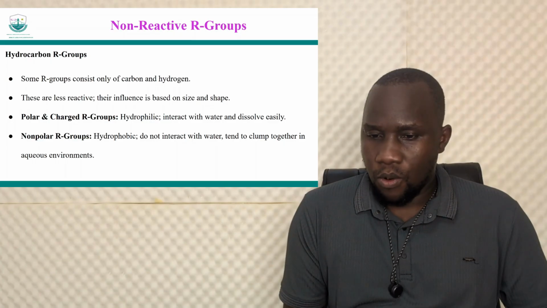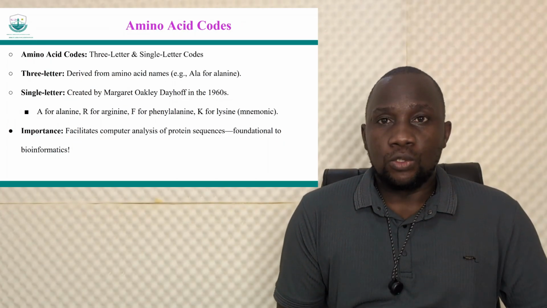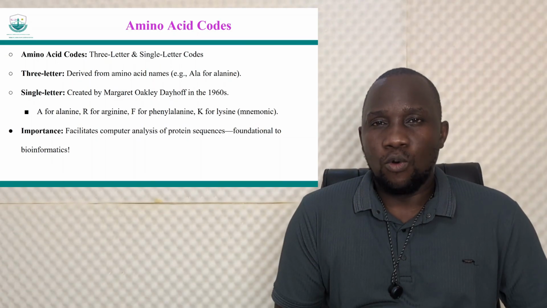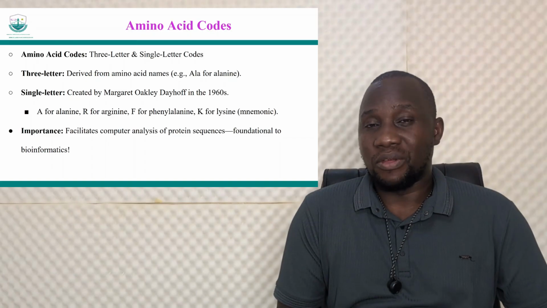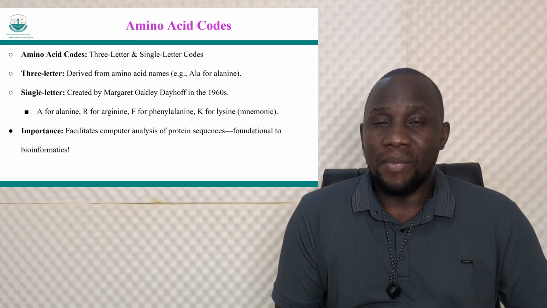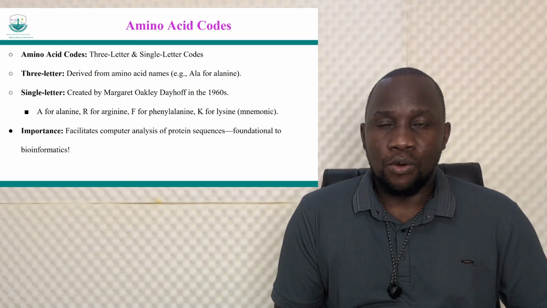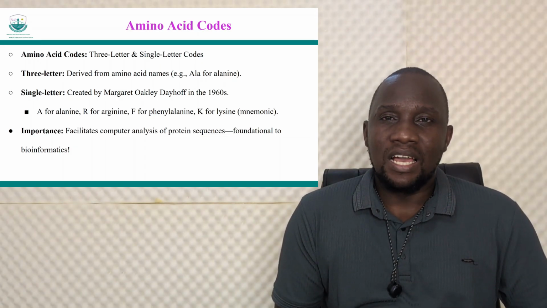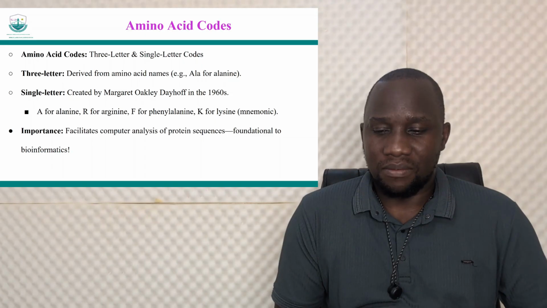So we move forward to how scientists write these different amino acids. They will not always write the full name of these amino acids. Remember, we talked about the 20 amino acids. Some of these amino acids can be represented by a single letter.